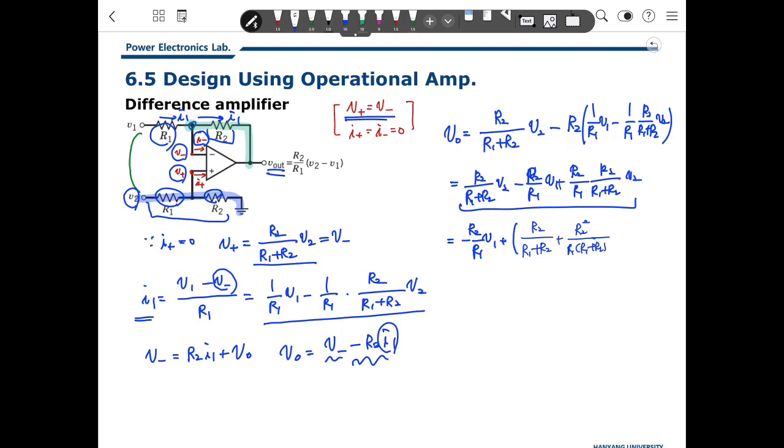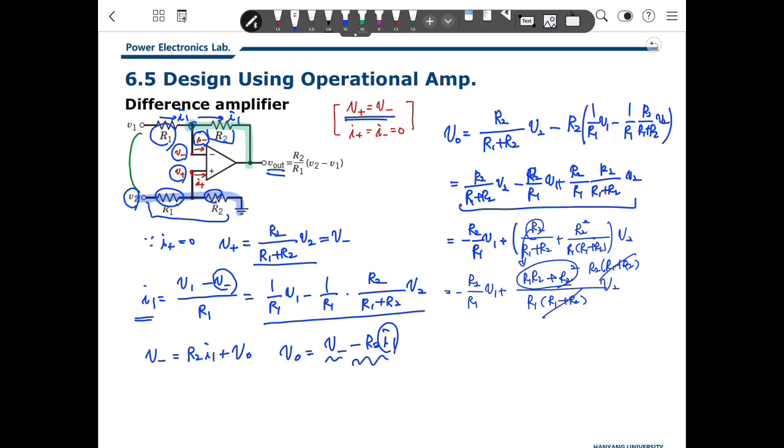Oh, this is plus, so this is the V2 minus R1 V1 plus R1 plus R2 plus R2 squared V2. Then that will change to R1 plus R2.